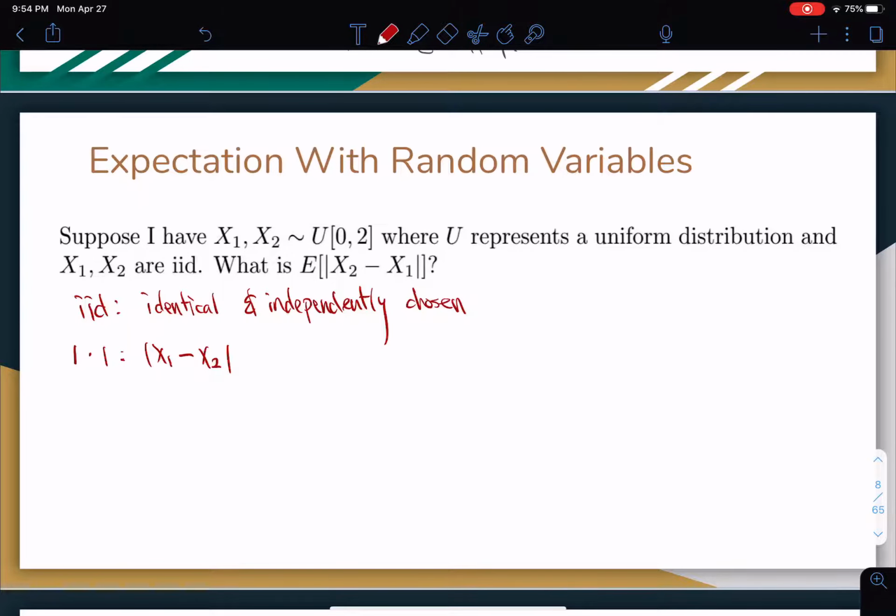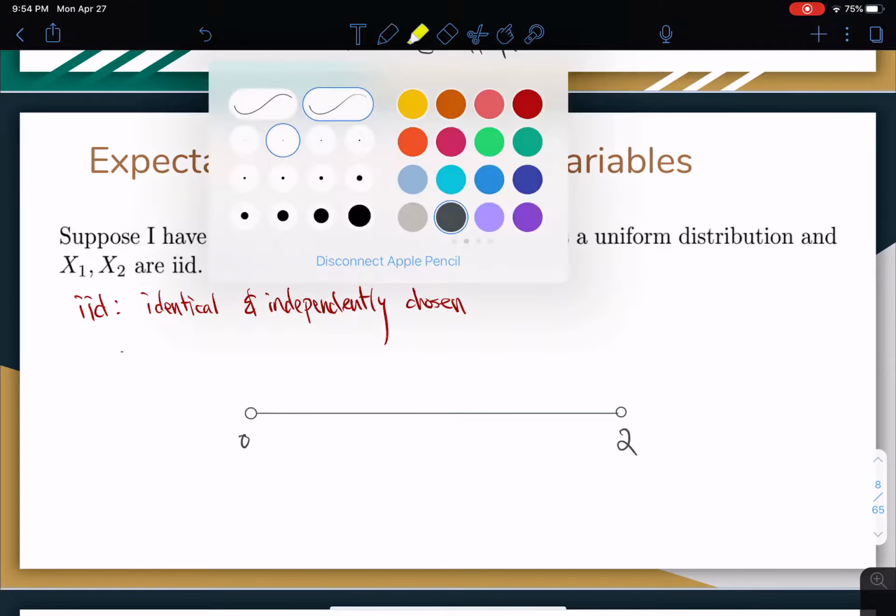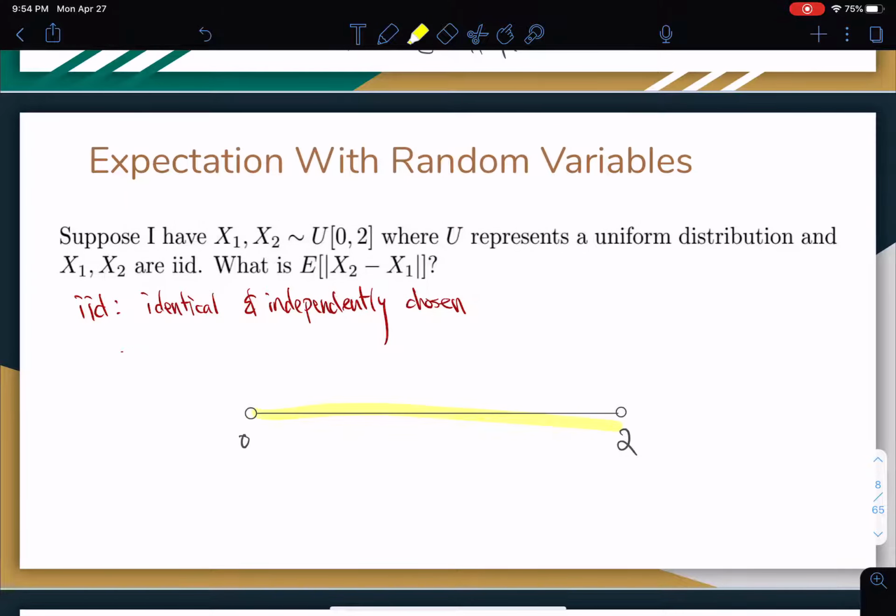Okay, so let's just walk through this question. We have x1 and x2 chosen from a uniform distribution. Now, uniform distribution means, I'm going to draw this out. We have 0 and 2 here, and we just select randomly from anywhere right here.